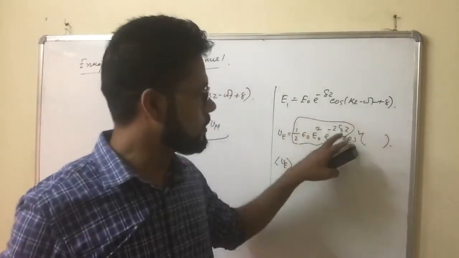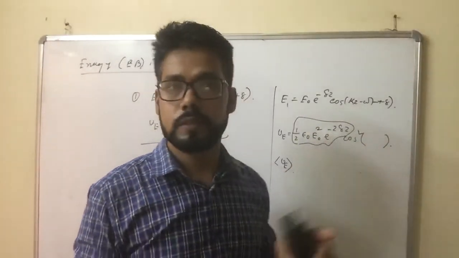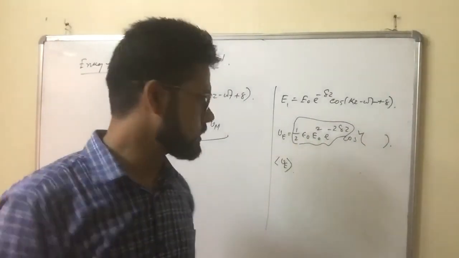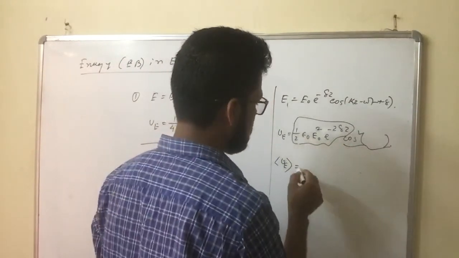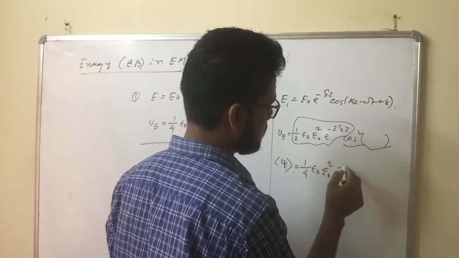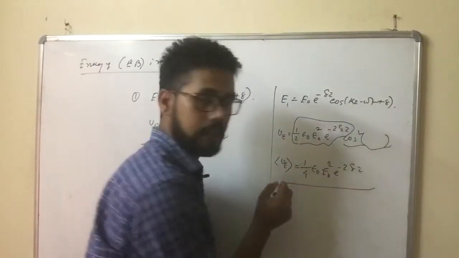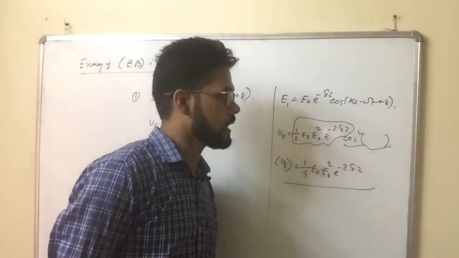Why is it constant? Because we are taking the time average, but this term does not contain time, so you can consider it constant. So this part will give half, so it will be 1 by 4 epsilon naught E naught square e to the power minus twice delta z. Clear? So this will be considered constant.